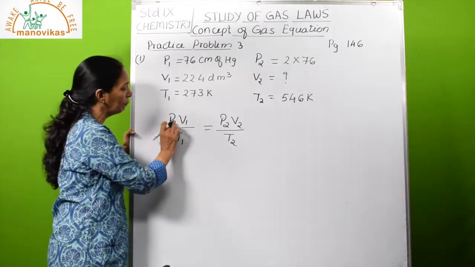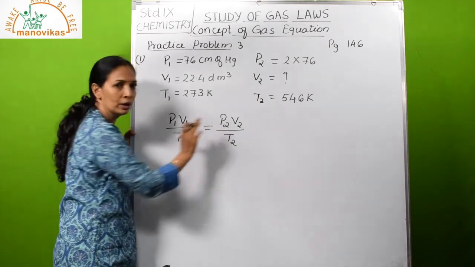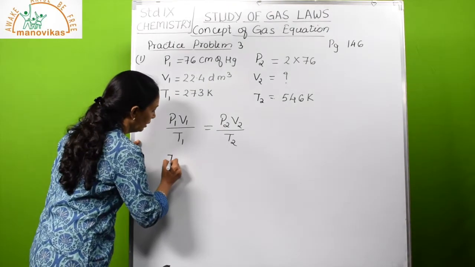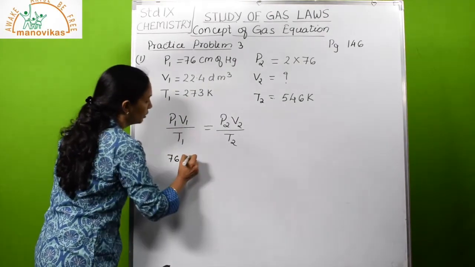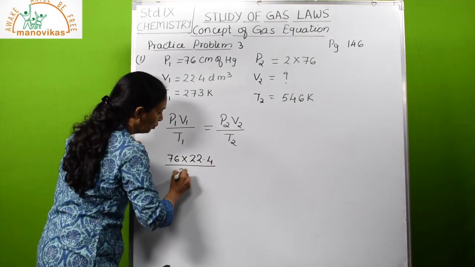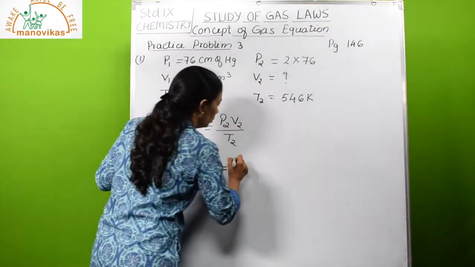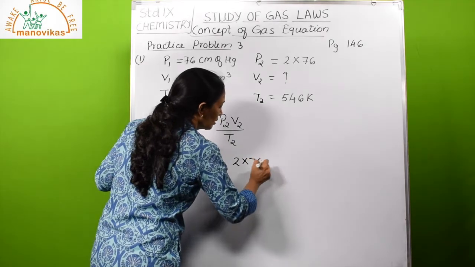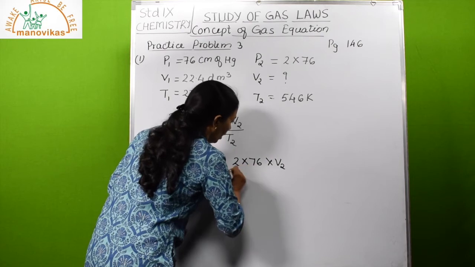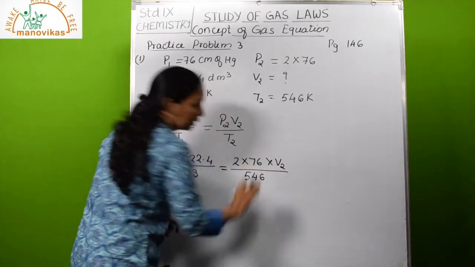Now write the formula. P1 V1 upon T1 is equal to P2 V2 upon T2. Next step is to substitute the values. P1 76, V1 22.4 upon T1 273. That is equal to P2 2 into 76. You can continue this into V2 upon T2 546.